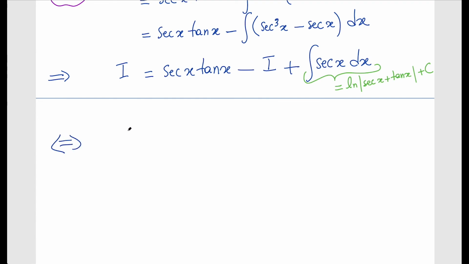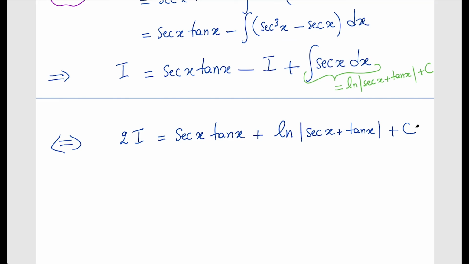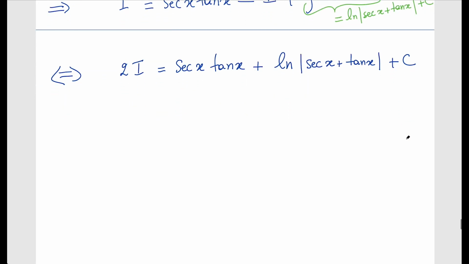Add I to both sides, you get twice I equals secant x tangent x plus ln of the absolute value of secant of x plus tangent of x plus c. Keep in mind c is an arbitrary constant, and this means that I is half of twice I, so I is half of that.